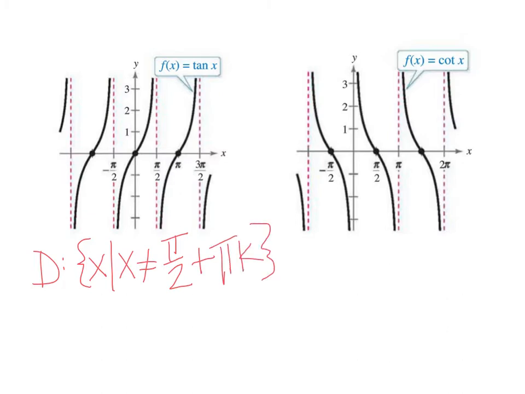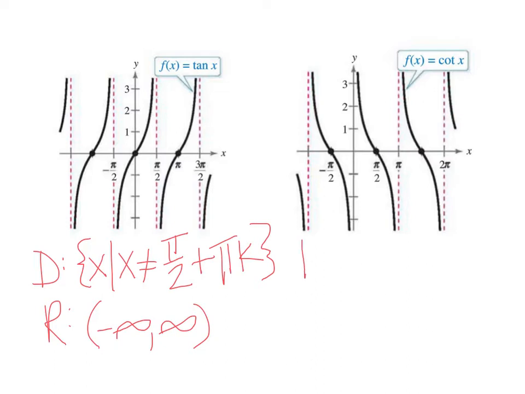So my domain is all values of x such that x does not equal pi over 2 plus pi k. Pi over 2 plus any whole number multiplied by pi. So plus pi would land at 3/2 pi. Plus negative pi would land at negative pi over 2. Range, up and down, how far does tangent go? Forever. Negative infinity to positive infinity.